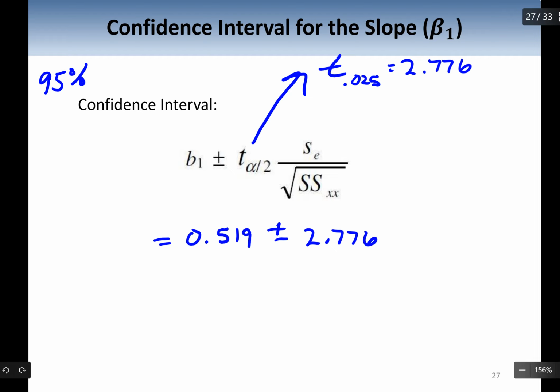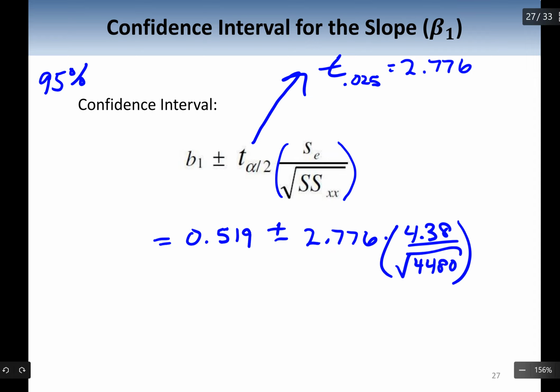2.776, and the rest, remember all of this in the brackets there, is the standard error of the slope estimate. We've calculated all these values in previous videos.